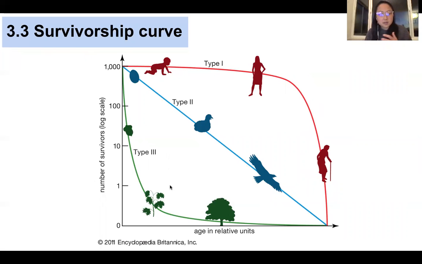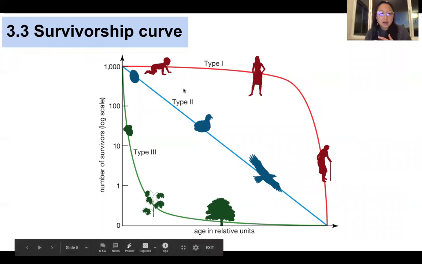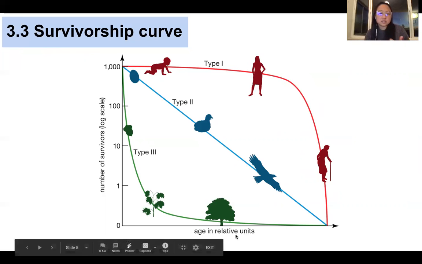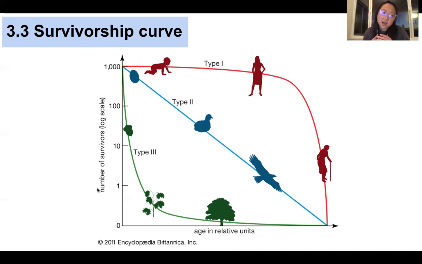In this graph, you can see that the x-axis is their age. It says age in relative units, so it's an approximation. And the y-axis is the number of survivors.